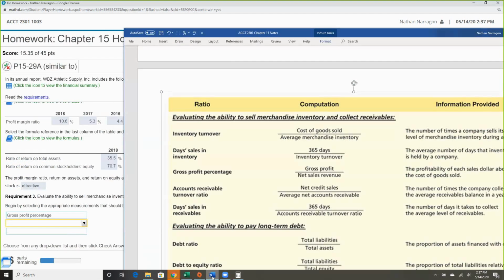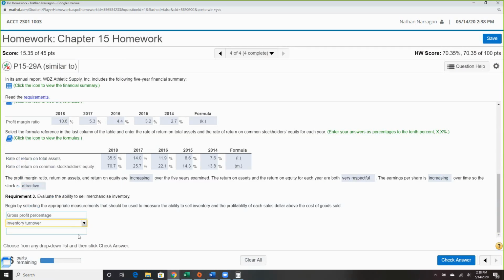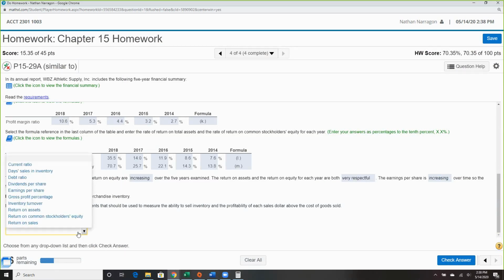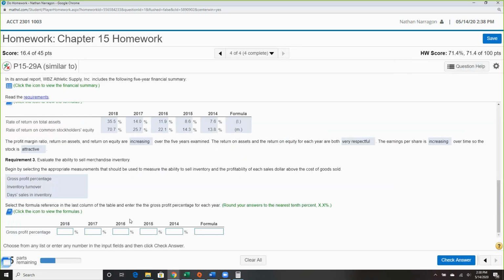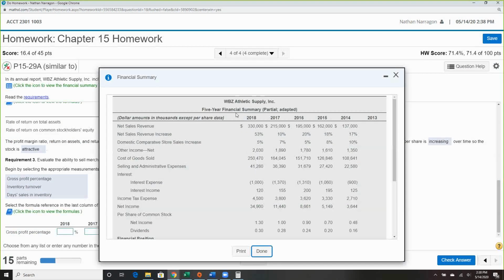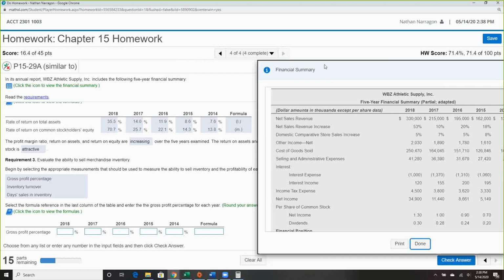See, we're looking at anything inventory, and then, of course, accounts receivable. There's the inventory, and day sales. So that's all they give us. So now it's time to compute through each of these, looking at our balance sheet. This is a very long problem.